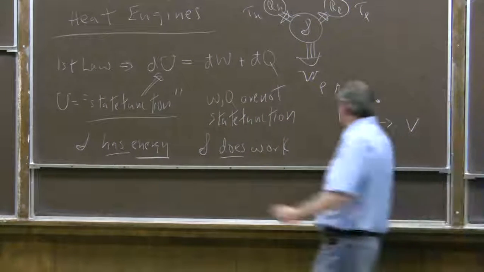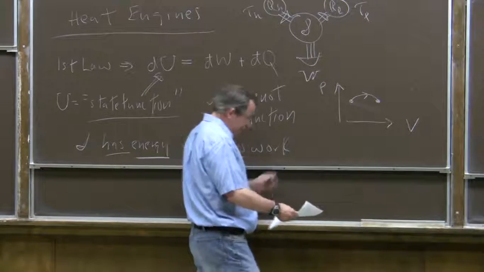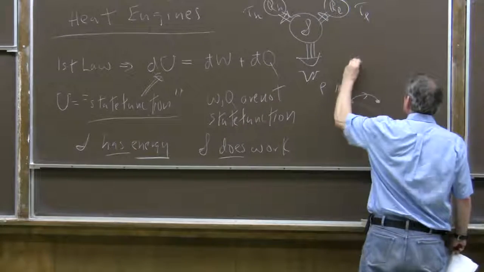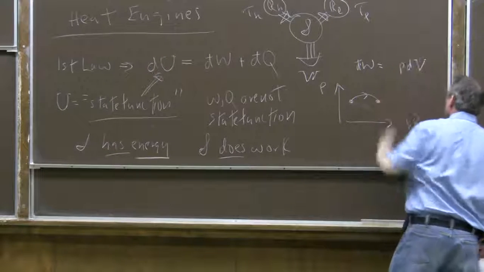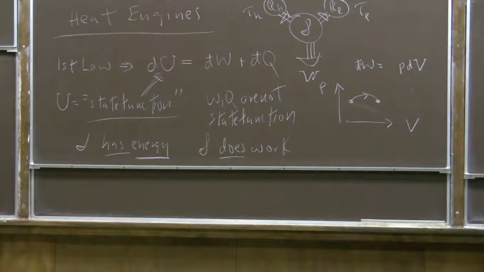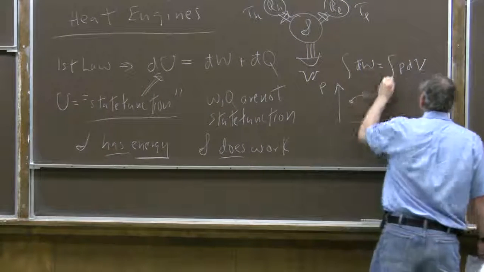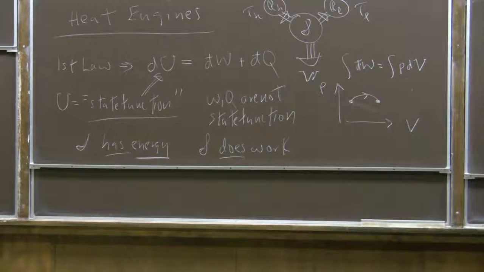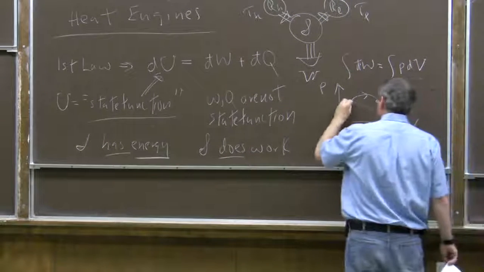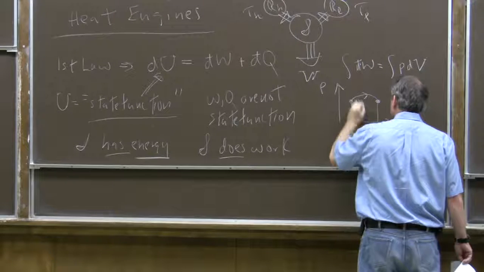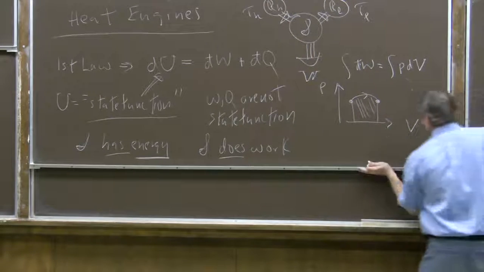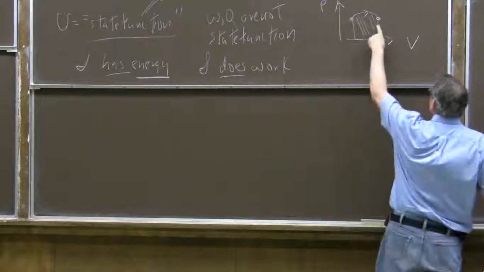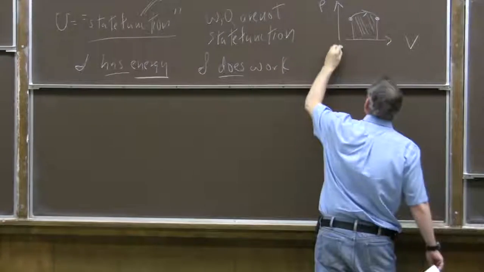But just to illustrate the point, the pressure varies as the volume changes in some way. And we know that the work that's done, dW, can be written as PdV. This is the work done by the system as it expands. Okay? And so if I want to integrate that to find the work done during this change, it's just the area under this curve. But then I want to change the system back from this configuration to the initial one.